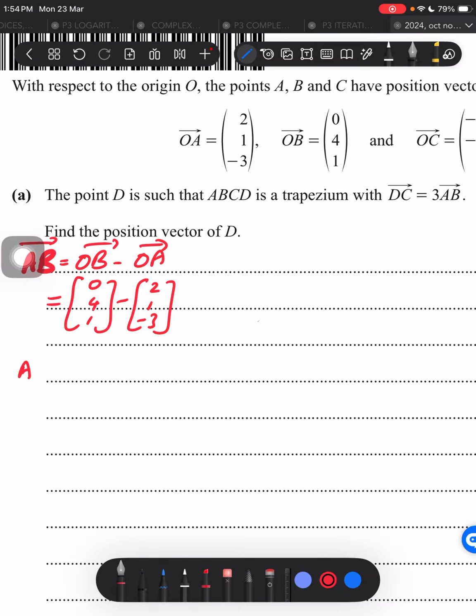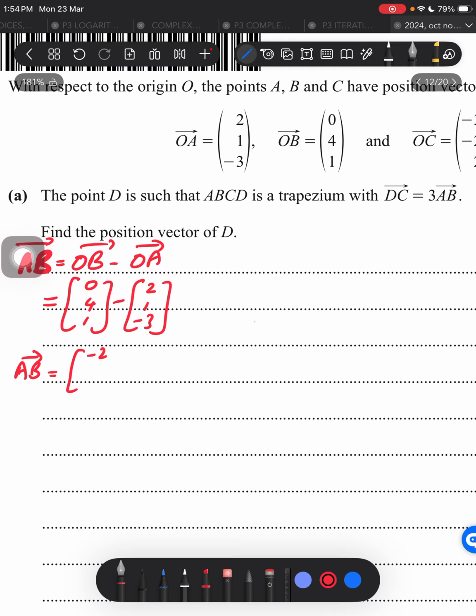This would give us AB as minus 2, and 4 minus 1 is 3, and 1 minus minus becomes plus, that would be 4. So 3 times AB would give us DC.